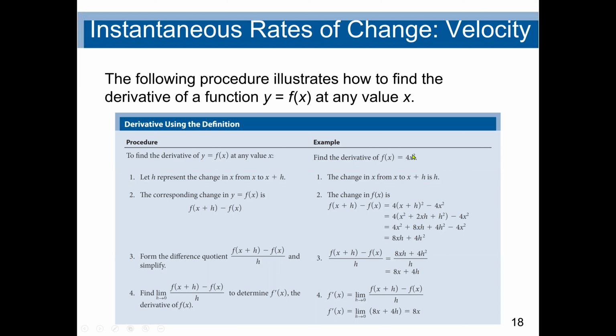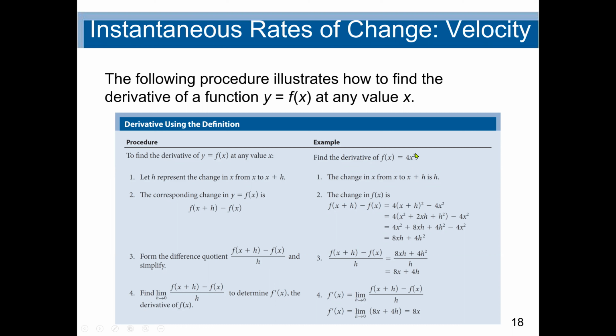Now let's see the example here. Here we have a function f at s equal to 4s squared. Now find the derivative of this function. If you know the formula in your head, you can just tell us the answer. The answer will be what? 8x. That's it, 8x, because we have a power rule here. The constant, you don't touch it.